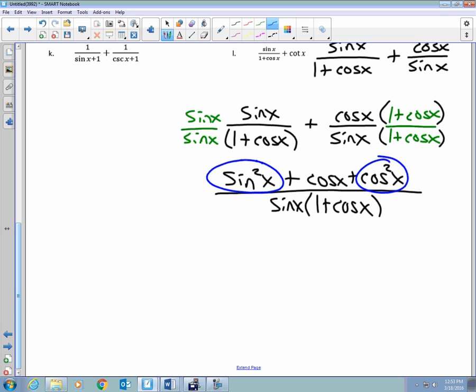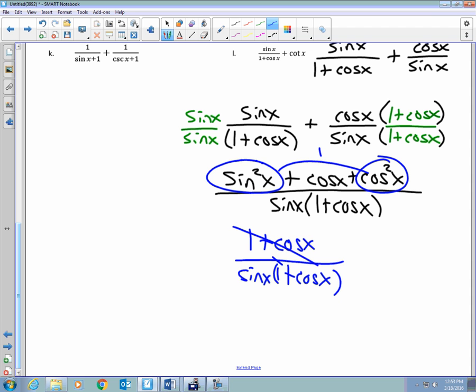Yeah, these two make 1. So therefore we have 1 plus cosine of x over sine of x times 1 plus cosine of x. What happens? 1 over sine, which is cosecant.